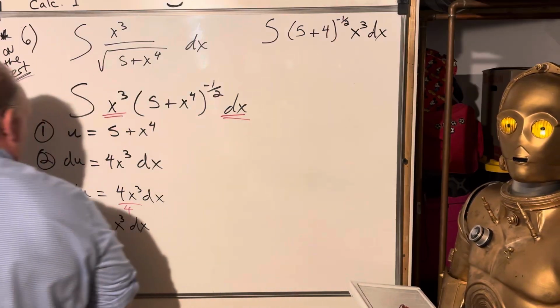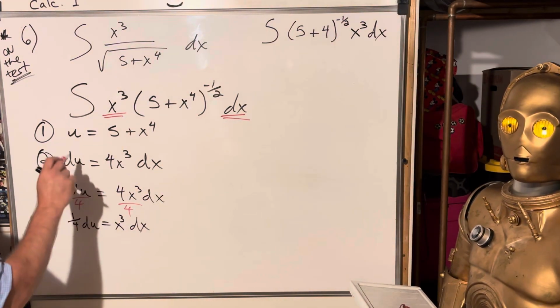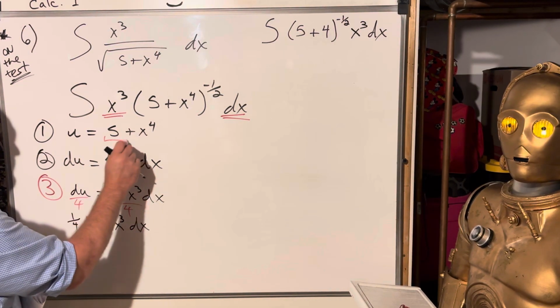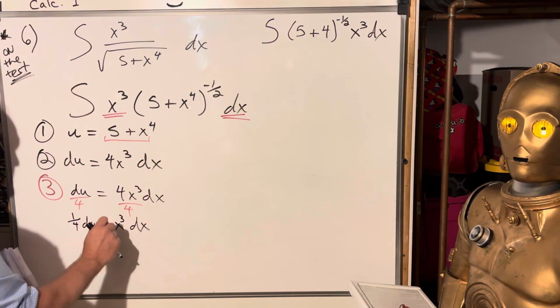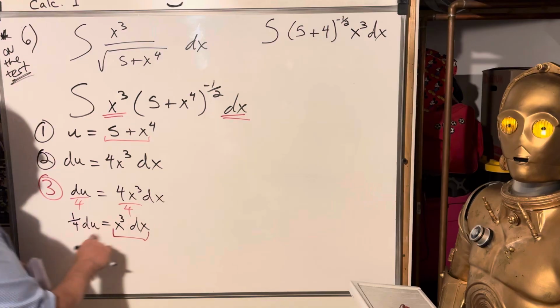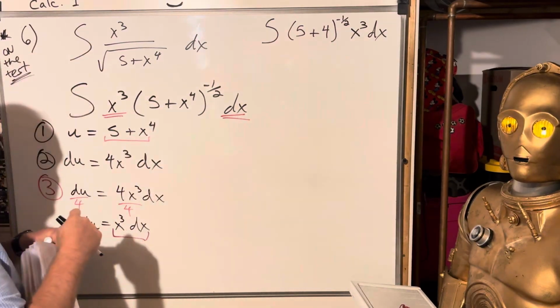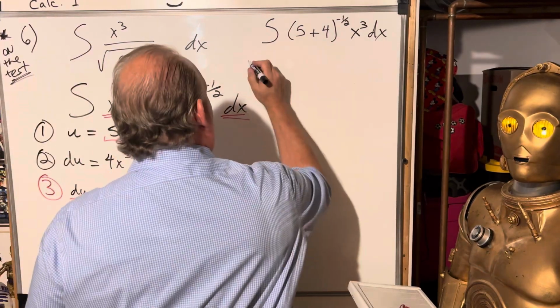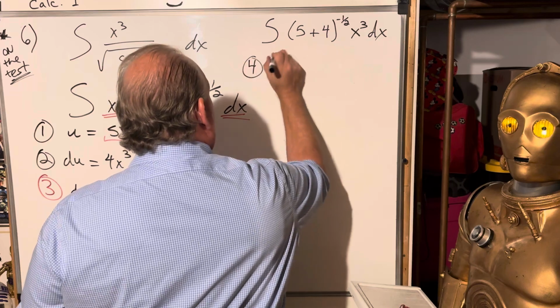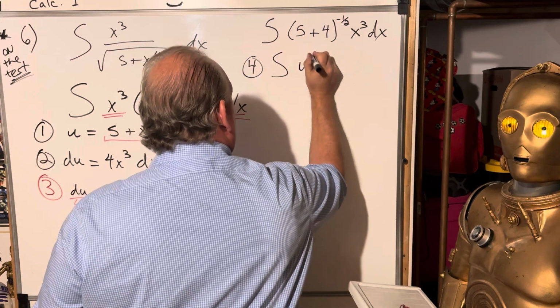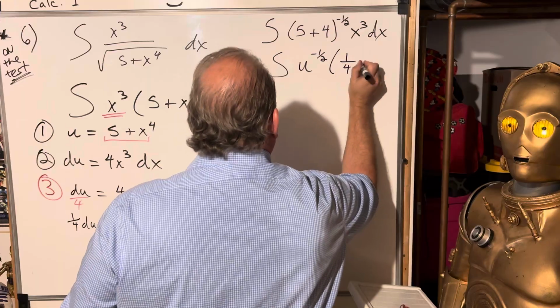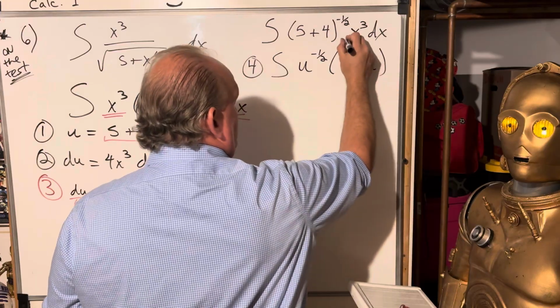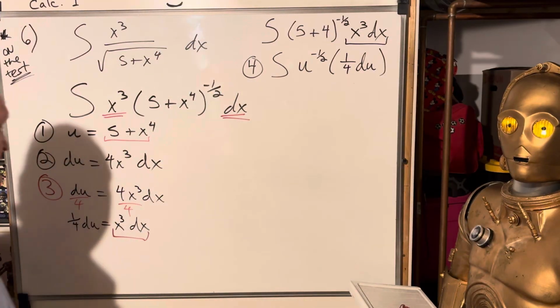And now look at what I have. I have u is equal to the stuff inside right there. And I have x to the 3rd dx is equivalent to 1/4 du. And so that is my step 4: sub in u to the negative 1/2 and 1/4 du for the x cubed dx.